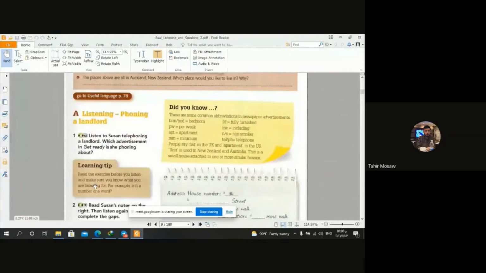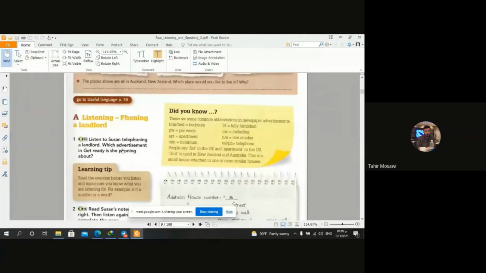Here it gives us another tip, which is about how to listen. It says that we have to read the exercise before we listen and make sure that we know what we are listening for. So when you listen, you have to be careful and read what is mentioned before the soundtrack, and make sure that you know what is required.